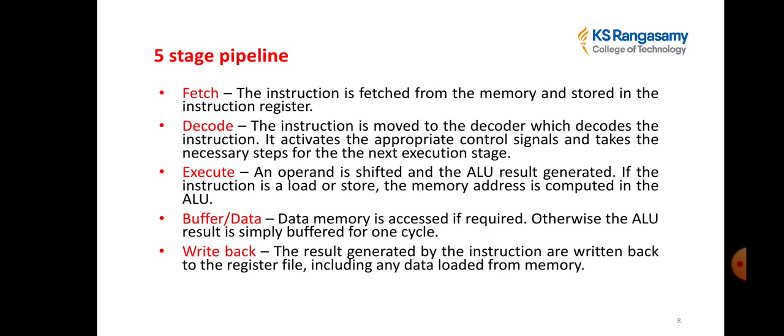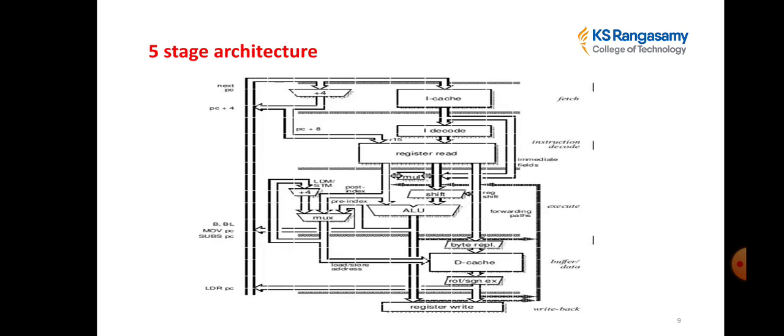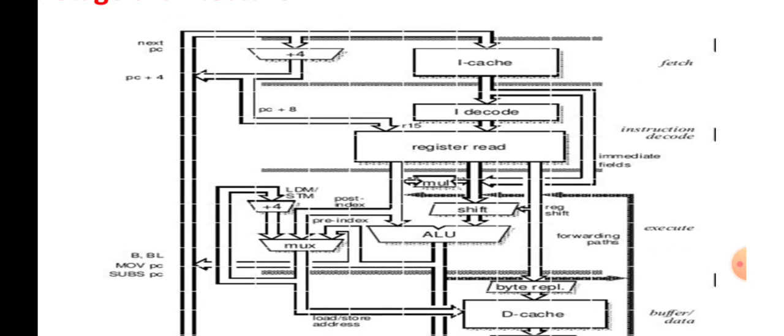We already have fetch, decode and execute. Here we additionally have buffer, data and write back. The buffer stage does memory access if required; otherwise the ALU result is simply buffered for 1 cycle. The write back is the result being stored back to the register. This is the 5 stage pipelining block diagram.